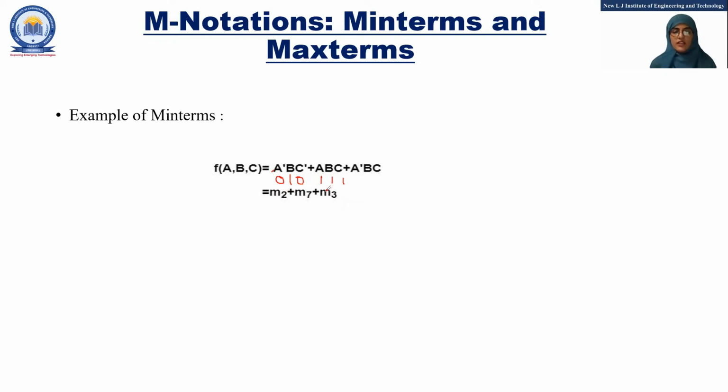This is the combination of min term 7. And A prime, B, C is the combination of min term 3. To write this, we have to write it like this: summation of m, this is small m, 2, 3 and 7. This is function ABC equal to summation of min terms 2, 3 and 7.